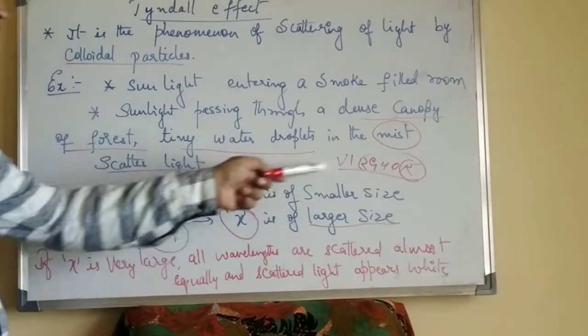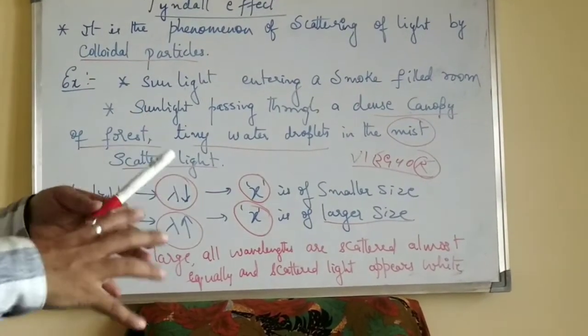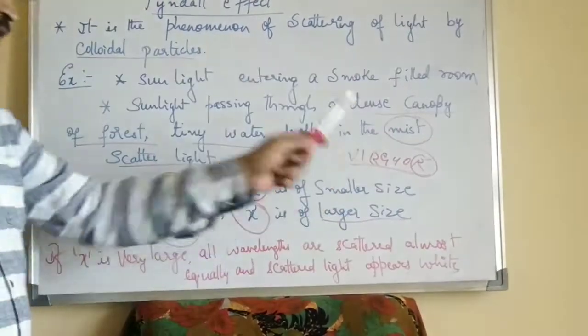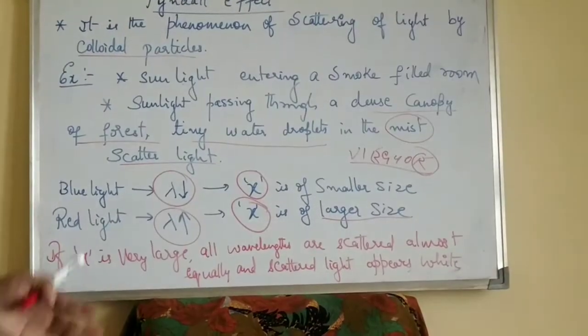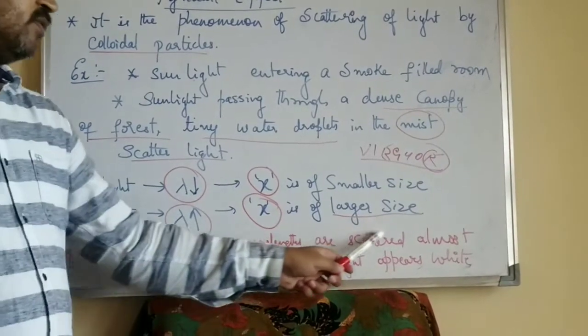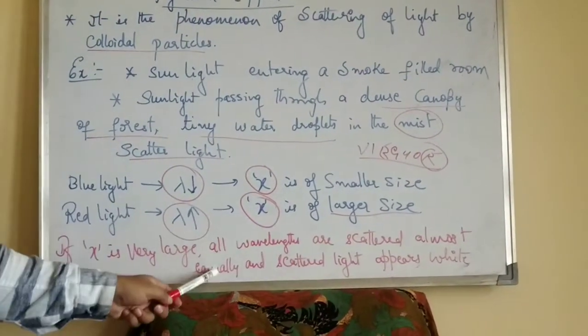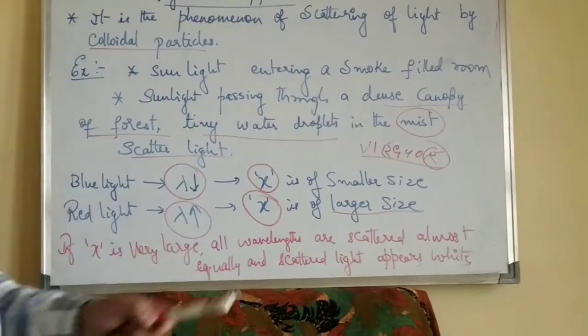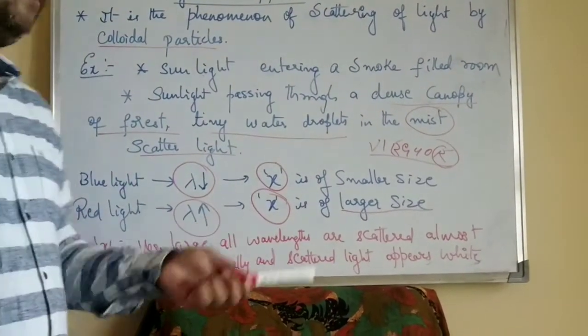This whole spectrum, that is, the white light, comprises all these 7 colors of light of different wavelengths. All these are scattered equally. All the wavelengths are scattered almost equally, and the scattered light appears white. This is the reason why the scattered light appears white. Why?